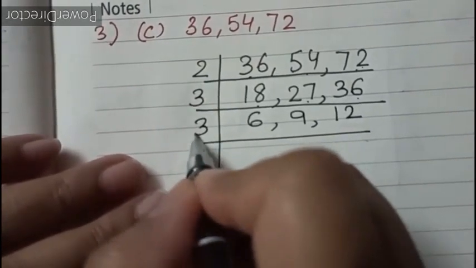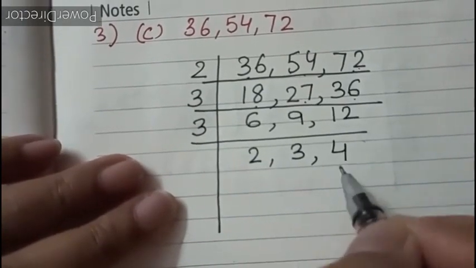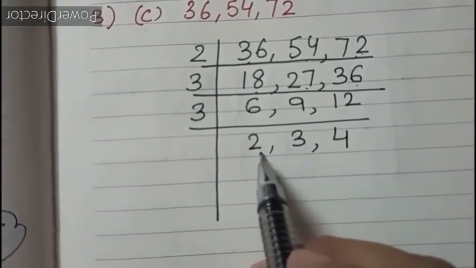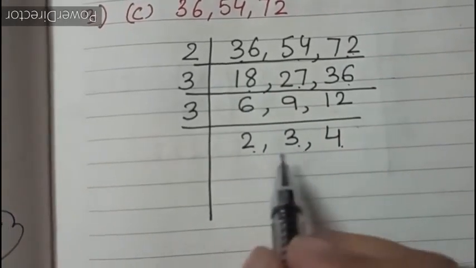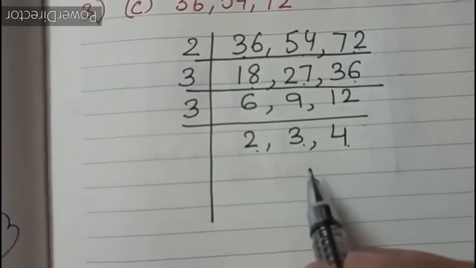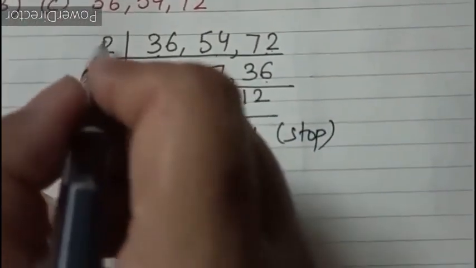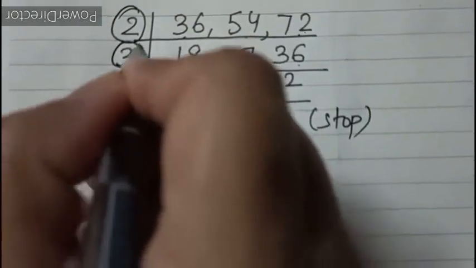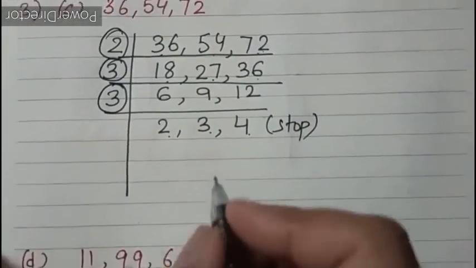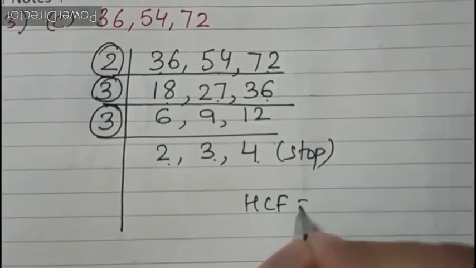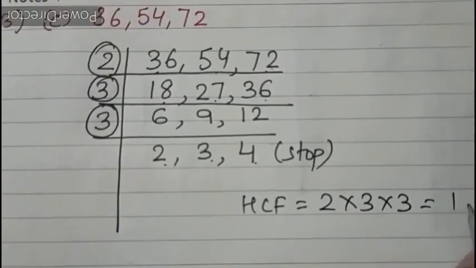Once more, 3 2s are 6, 3 3s are 9, 3 4s are 12. Now we are left with 2, 3 and 4. They do not have common factors. I mean, all three of them don't have a common factor. So we will stop here. And the common factor list is automatically generated, which saves our time. And HCF becomes 2, 3, 3, that is 18.